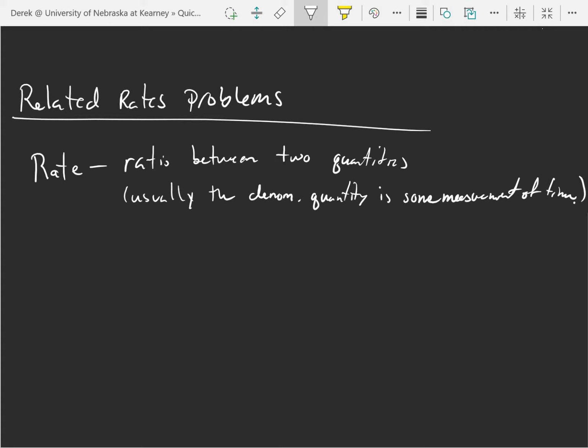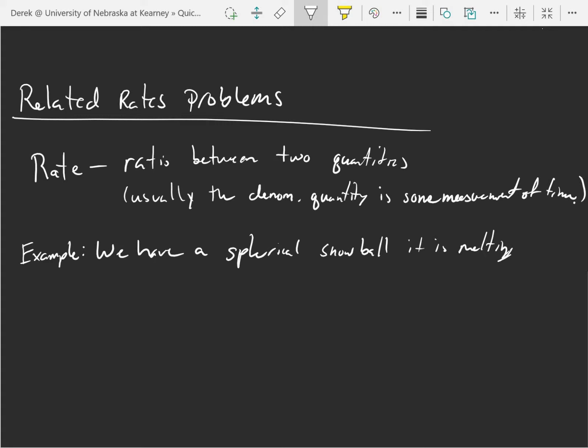Okay, so let's just do a simple example here. We have a spherical snowball, and it is melting at the rate of 1 cubic foot per hour.